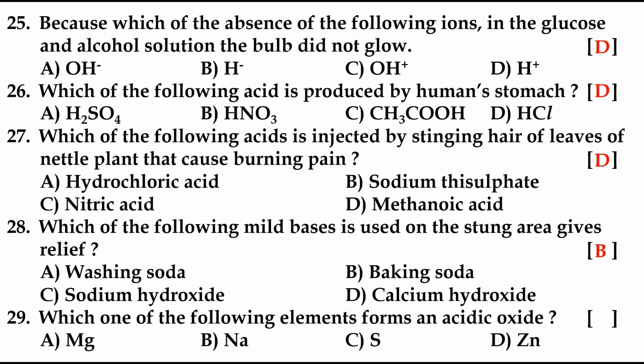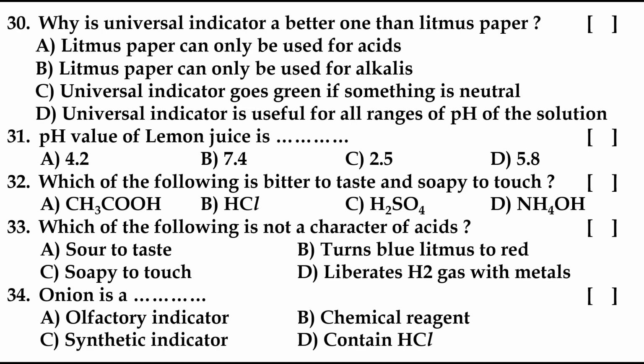29. Which one of the following elements forms an acidic oxide? A. Mg. B. Na. C. S, sulfur. D. Zn, zinc. Answer is C, sulfur. 30. Why is universal indicator a better one than litmus paper? A. Litmus paper can only be used for acids.